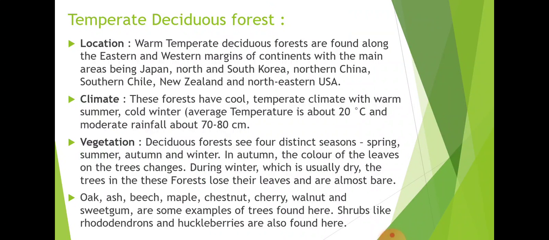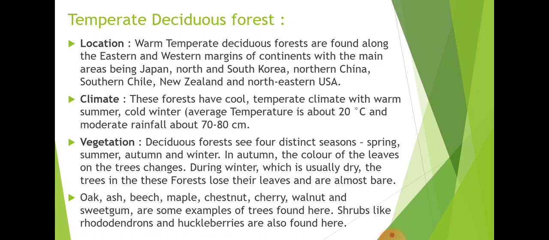Now moving on to the next, the temperate deciduous forest. This forest is also found in the temperate region, from the Tropic of Cancer up to the Arctic Circle, and in the southern hemisphere from the Tropic of Capricorn to the Antarctic Circle.